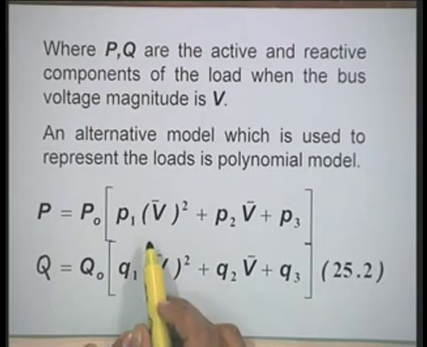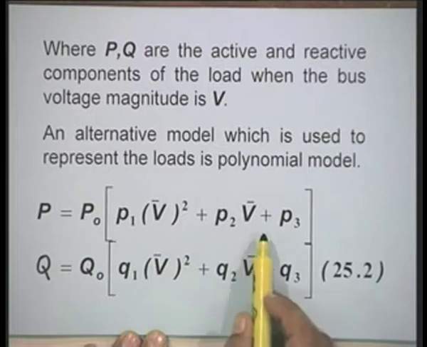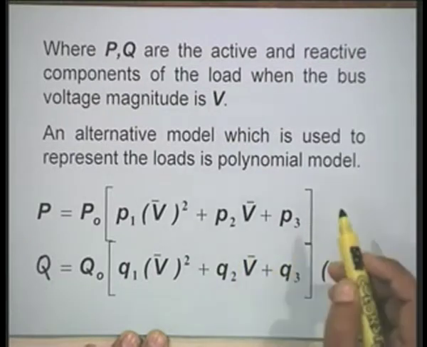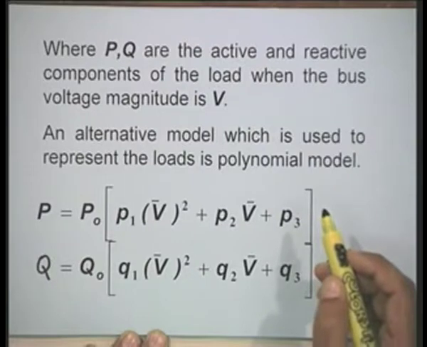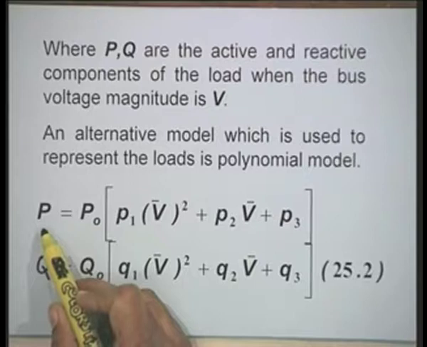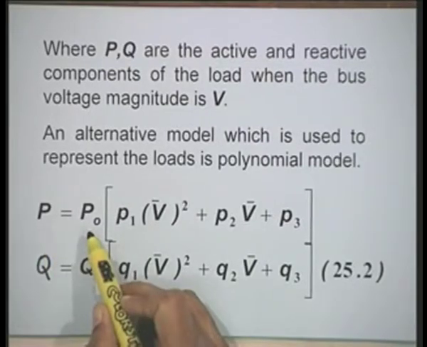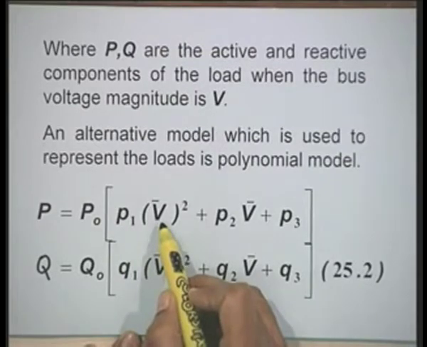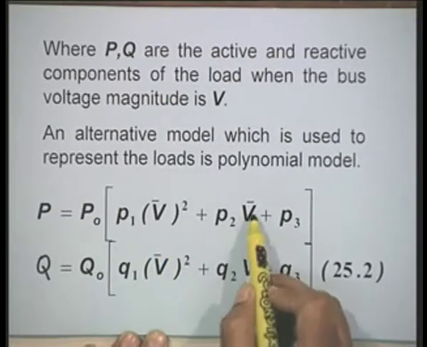Any composite load can now be represented in terms of 3 components. We normally call this ZIP representation. Z means constant impedance, I stands for constant current and P for constant power. Therefore, you can have a load representation by this equation: P equal to P naught multiplied by P1 into V bar square, plus P2 into V bar, plus P3.